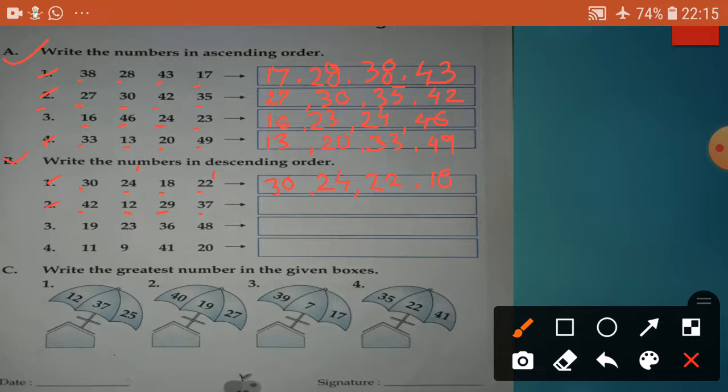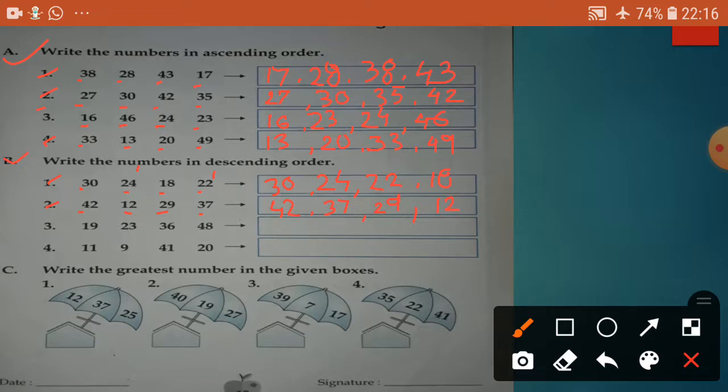So 42 you write first. So I write here 42, biggest number. Next 37 I write, 29, last 12.